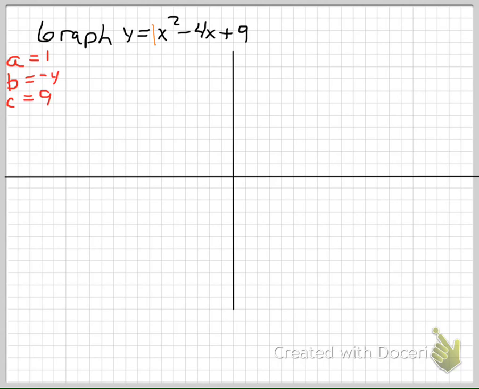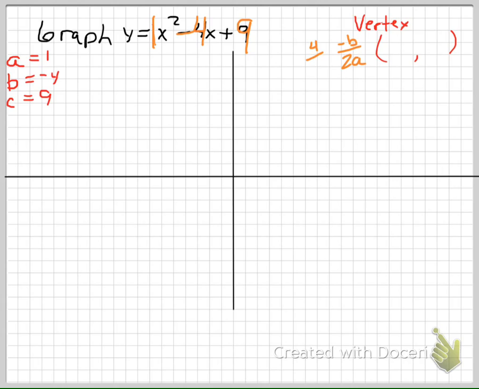To find the vertex of this parabola, the formula is opposite of b over 2a for the x. What is the opposite of b? 4. The opposite of -4 is 4.